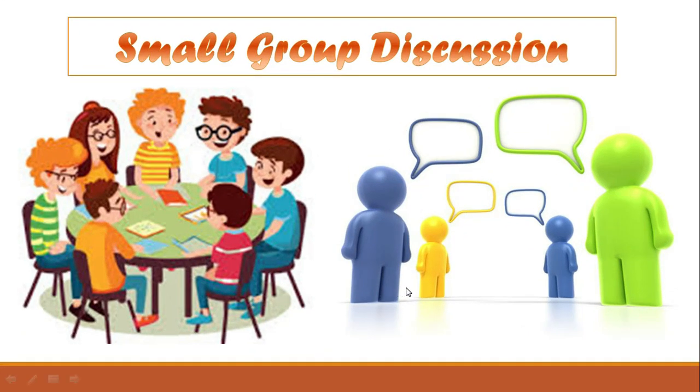The next teaching method is the small group discussion. Small group discussion is very important for those students who are very shy, who are very introvert. They don't take part in discussion. So this is also very useful for them, because in small group discussion you are going to make groups of the students in class, and then you are going to give one topic to each group, and each student is going to come up with his idea about that topic.